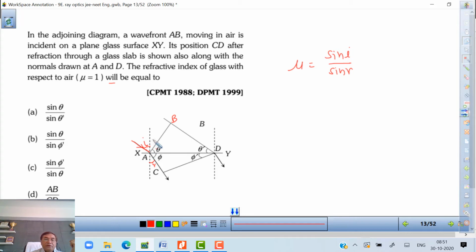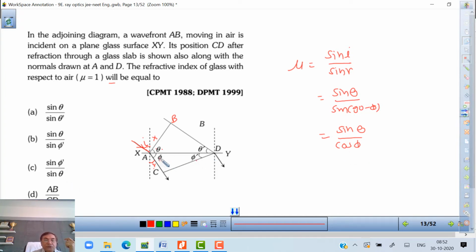What is I? So I know theta now convert કરી નાખું. તો આ શું થાય, 90 minus I, and again this is I. So I is nothing but sin theta. And what is R? So I write in terms of phi. So sin 90 minus phi. So 90 minus phi શું થઈ જશે, cos phi. તો આવું ઓપ્શન તો ક્યાંય છે નહીં. So I convert this phi in terms of phi prime.